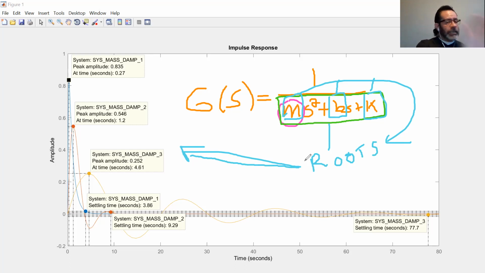Just by finding the roots, I can tell you how the system is going to behave. But also, by modifying the m in what I'm going to call Luis's example, we have modified the roots. And by modifying the m and modifying the roots, we were able to modify the behavior of the system. Okay? Think about that. That's what we're eventually going to get to. Okay? Questions with this before we wrap up?